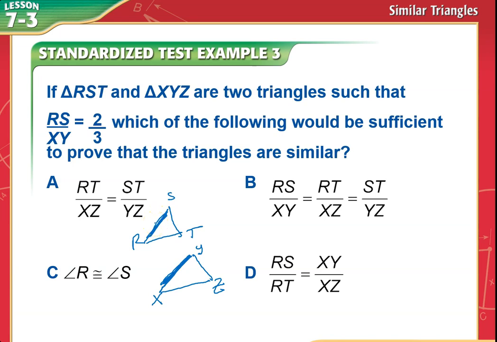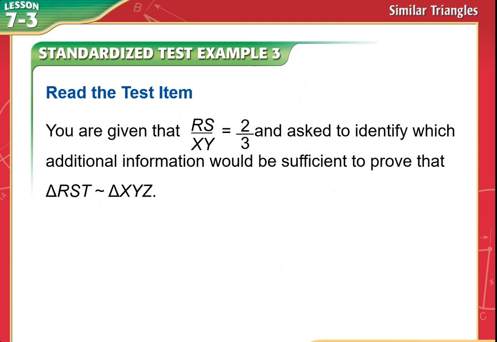So it says, what else do we need in order to show that the two triangles are similar? Okay, we would need to show that RS over XY equals RT over XZ, which equals ST over YZ.